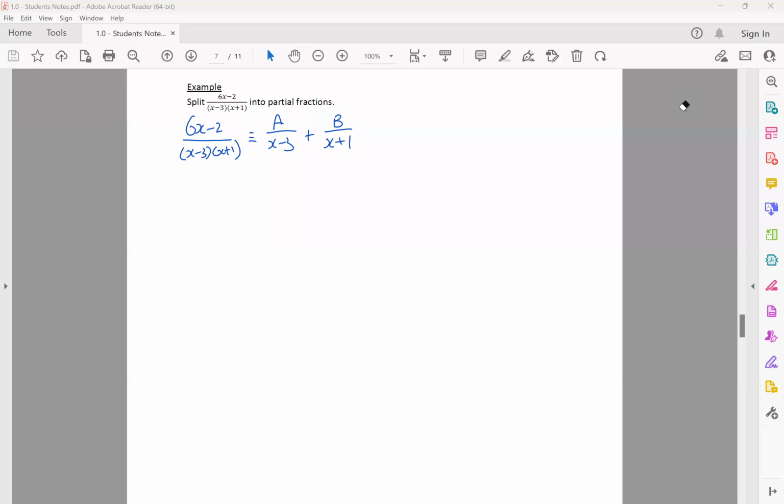So that's the first step. Next step, we're going to add the fractions and have a common denominator. So I'm going to keep the left-hand side the same. But this time, I need a common denominator, so x minus 3, x plus 1. Now when you make notes, try to write some intermediate steps for yourself. What are we trying to do in here?